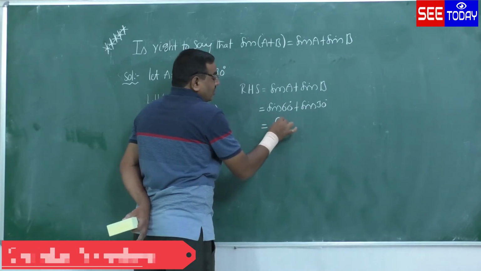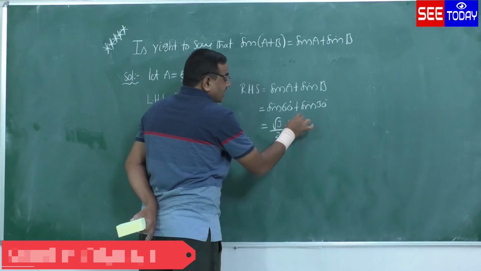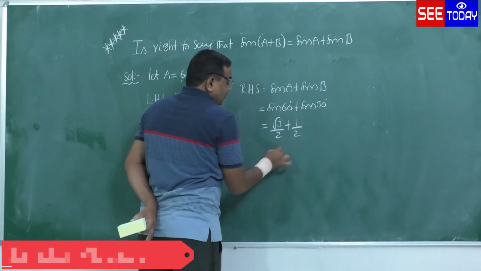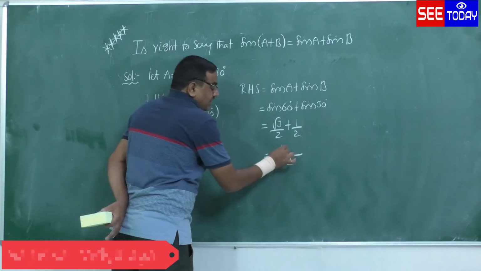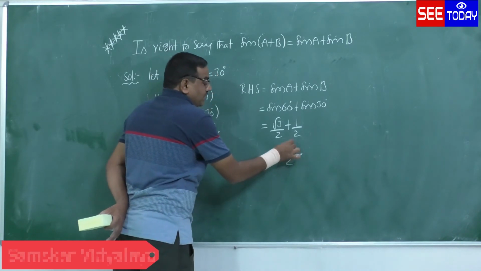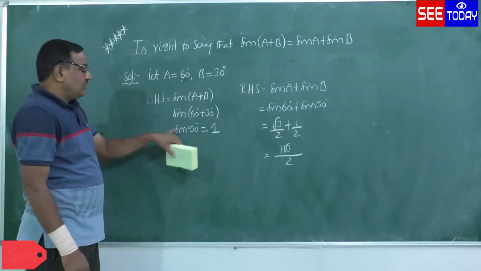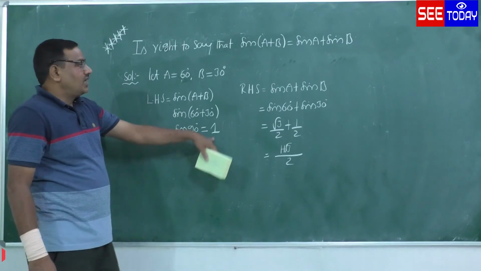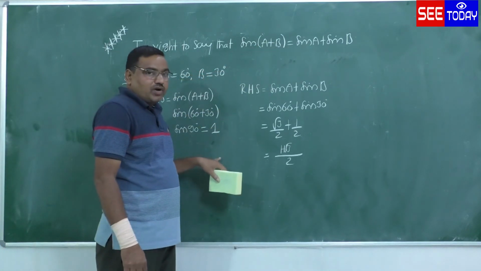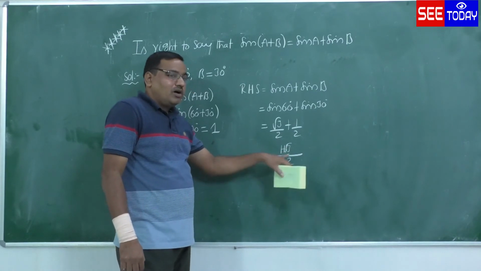Sin 60 is equal to what do we know? Root 3 by 2 plus sin 30 is equal to 1 by 2. Now 2 is the LCM. Now remaining, 1 plus root 3 by 2. Now is it equal? But what did you get on LHS? Sin 90 is equal to 1. The value of LHS is equal to 1, but RHS is equal to 1 plus root 3 by 2. How do you justify?